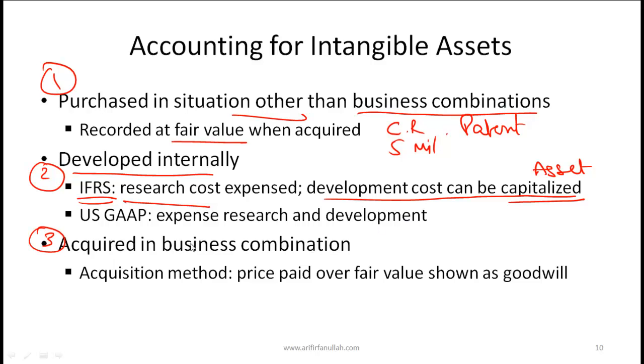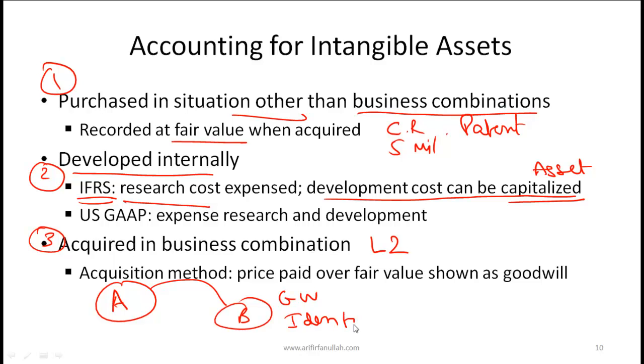The third category is where you acquire a business. We will study this in a lot more detail in level 2 of the CFA, but all you need to know at this stage is that, let's say, company A acquires company B. When you acquire company B, there will potentially be some goodwill, and also some identifiable assets such as copyrights, patents, etc. that you have acquired.